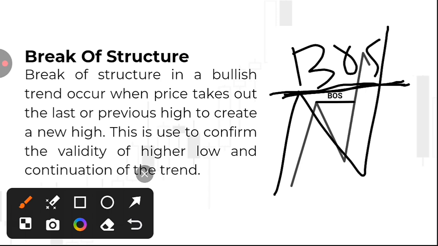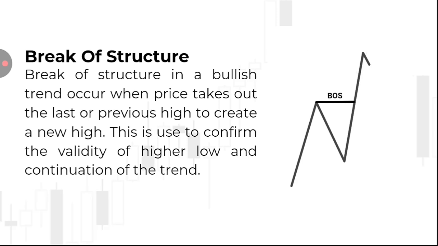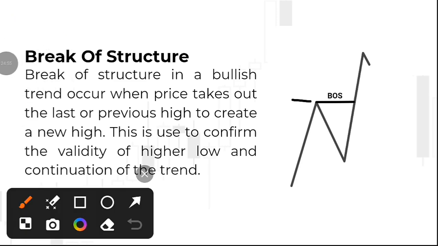Hope you get the point now. So in a bullish trend, when price displaces above the last high to create a new higher high, that displacement above the level where price broke out is called a break of structure. This signals to you as a trader that there are high chances that price will continue the bullish trend, or the trend that is in play at that particular period of time.